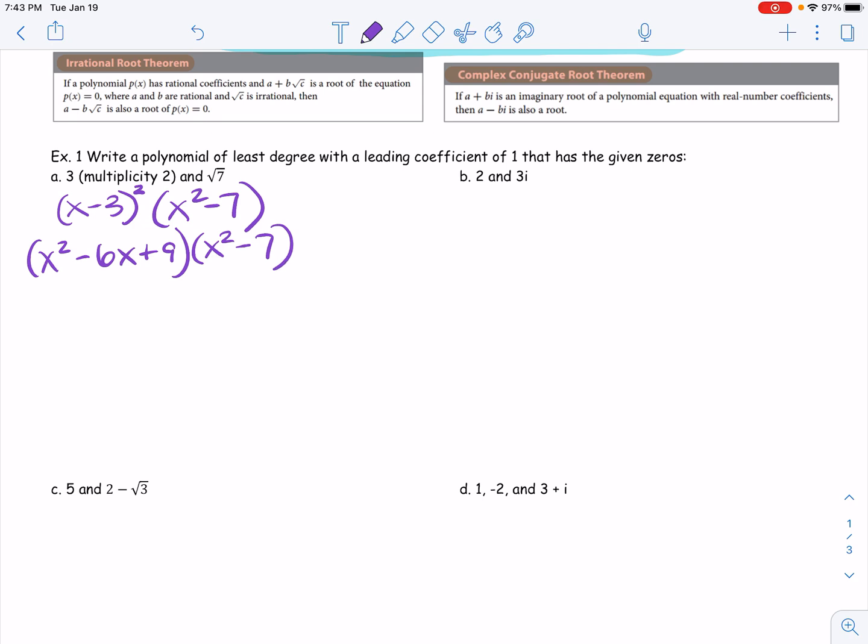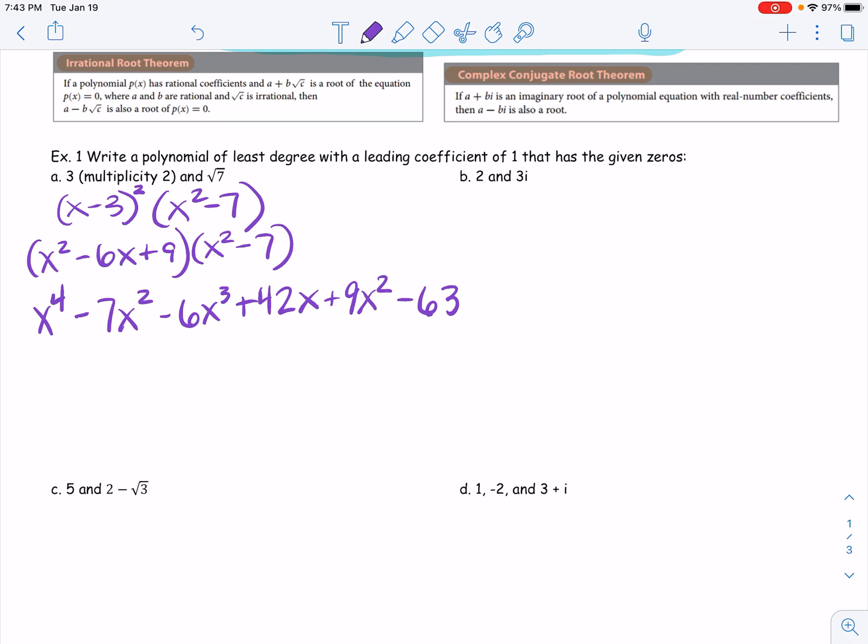So I'm going to go ahead and distribute the trinomial to the binomial. So x squared times x squared, x squared times negative 7, negative 6x times x squared, negative 6x times negative 7, and then 9 times x squared, and 9 times negative 7.